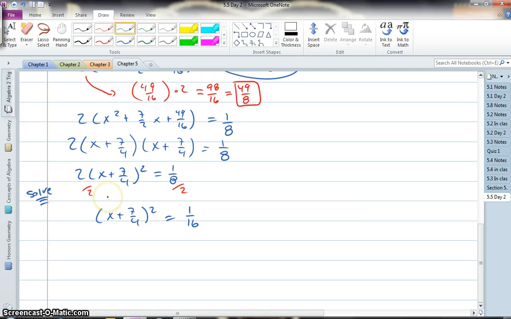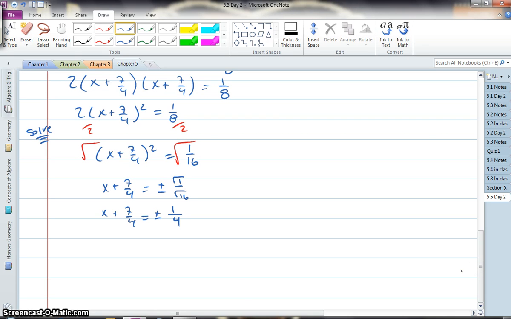Then I would square root both sides to get x plus 7/4 equals plus or minus the square root of 1 over the square root of 16. Well, the square root of 1 is 1, the square root of 16 is 4. So I have plus or minus 1/4. Subtract 7/4 from both sides. Negative 7/4 plus or minus 1/4.